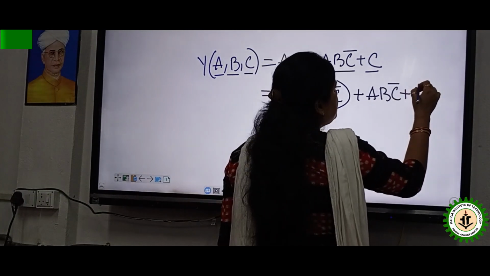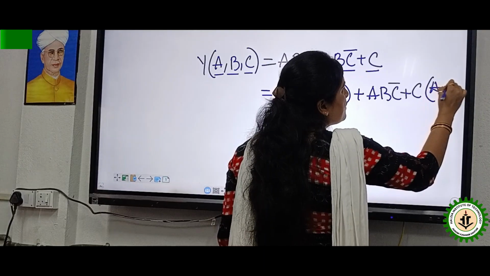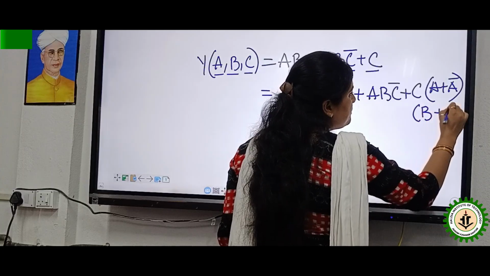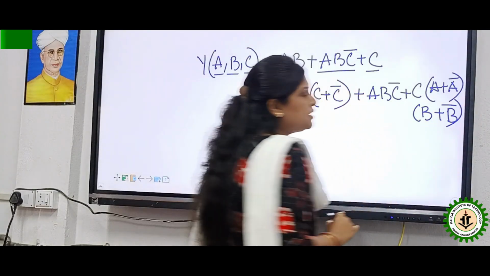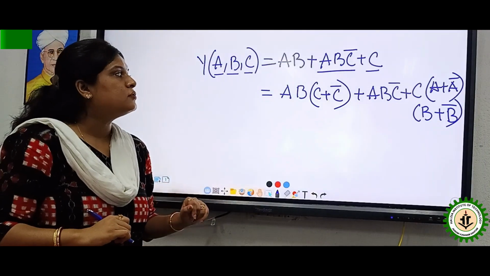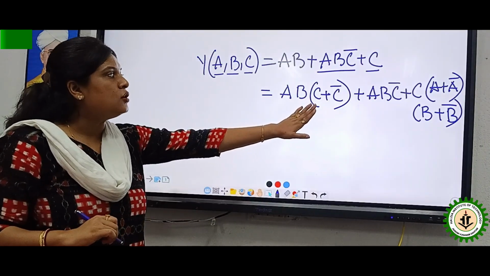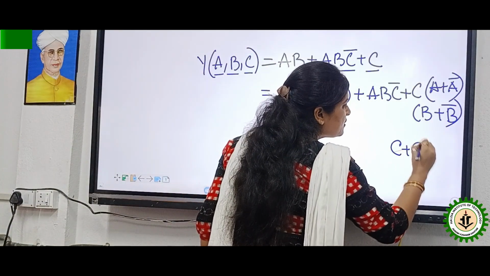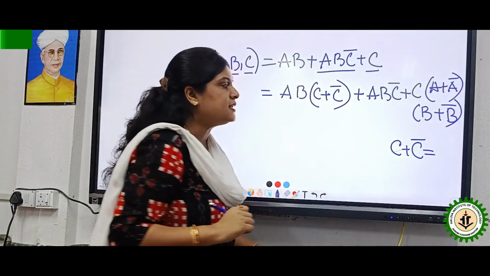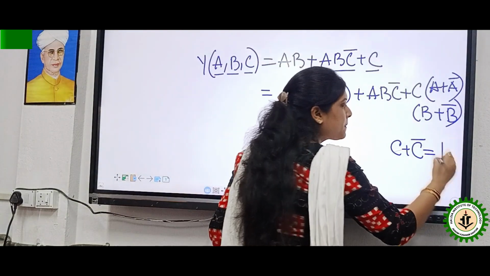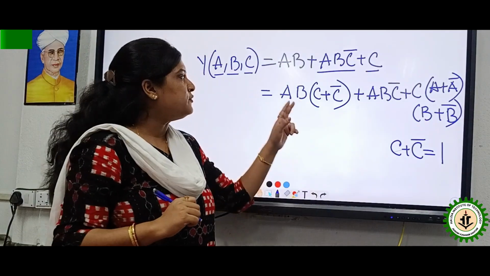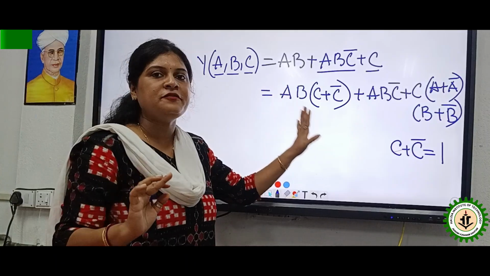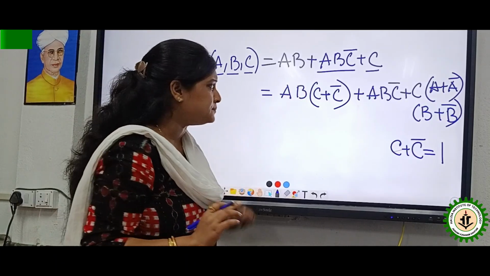So we will multiply C with A plus A bar and B plus B complement. Now why is this so? Because C plus C complement will give us 1. So if we multiply 1 with anything, that doesn't make any difference to the particular expression.